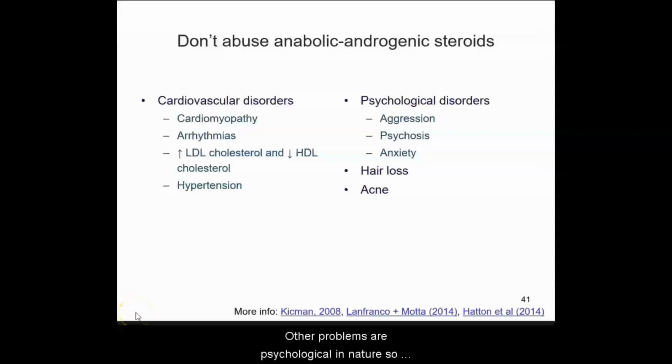Other problems are psychological in nature, so things like aggression, they call it roid rage, and psychotic episodes, anxiety, hair loss. And that hair loss is not only irreversible, but it can also happen in females, with male pattern baldness.